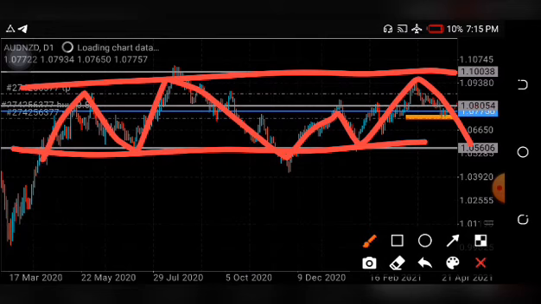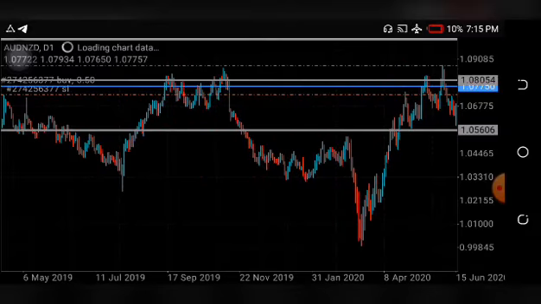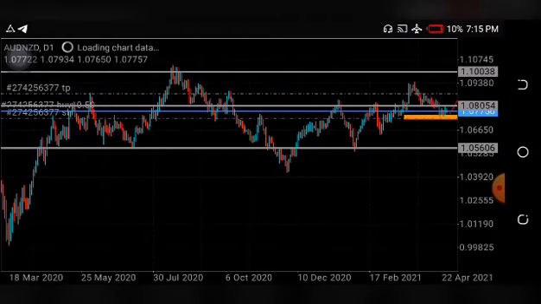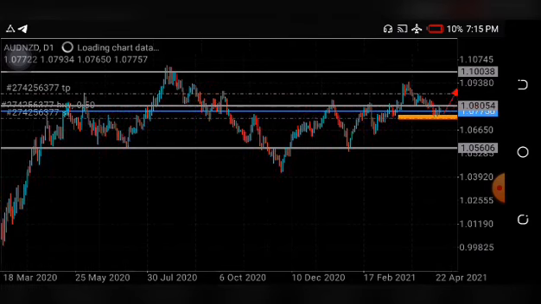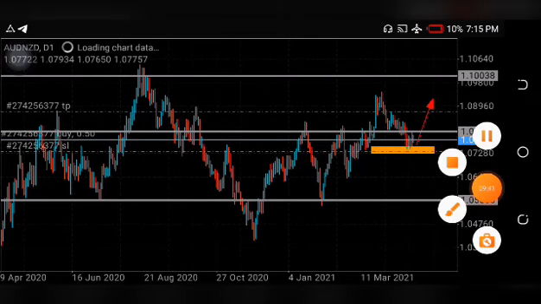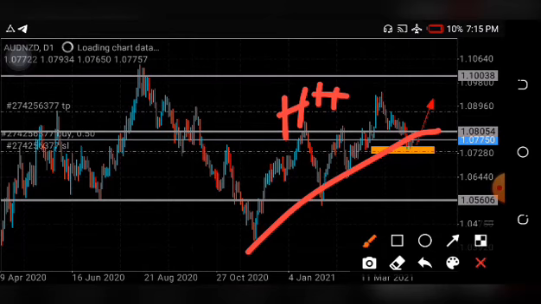So those are the types of chart. We have the consolidation, which is the choppy market, the ranging and the trends, uptrend and downtrend, higher highs and higher lows. Oh, this is a higher high. So this is a mini trend here. Higher high, higher low.